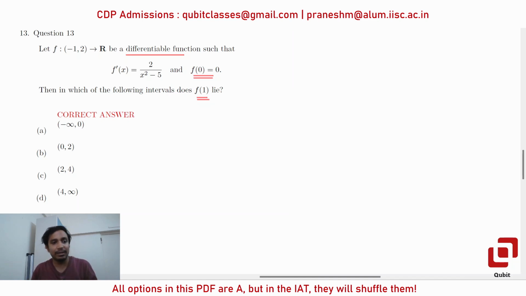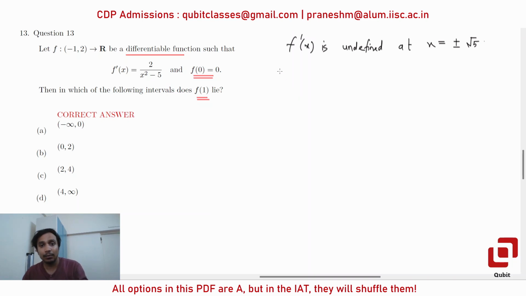Now one thing we must take note of is that f dash of x is undefined at x equal to plus or minus root 5, because that's where the denominator becomes 0. Now what is the domain of f?